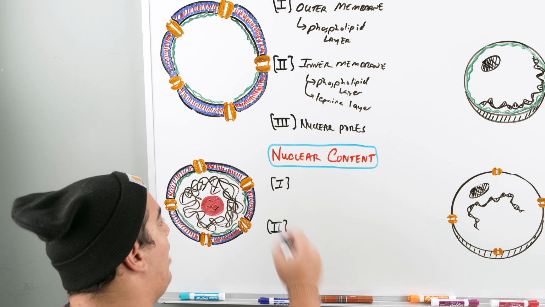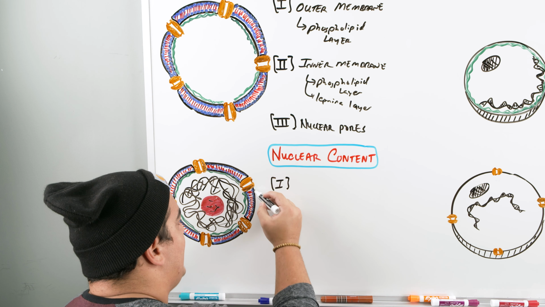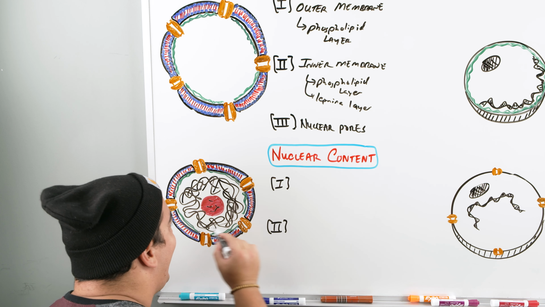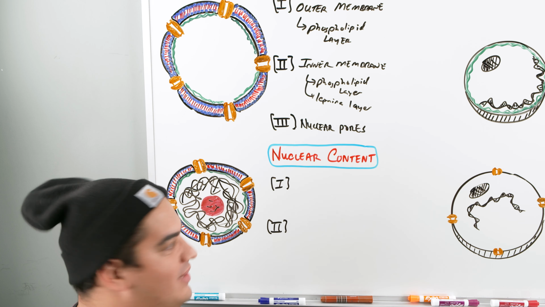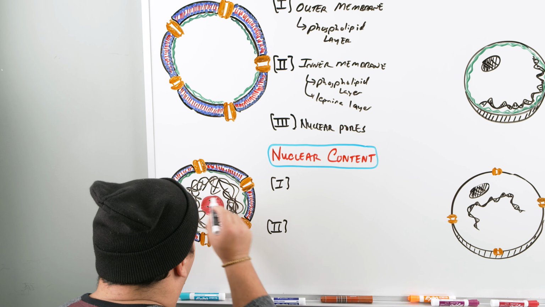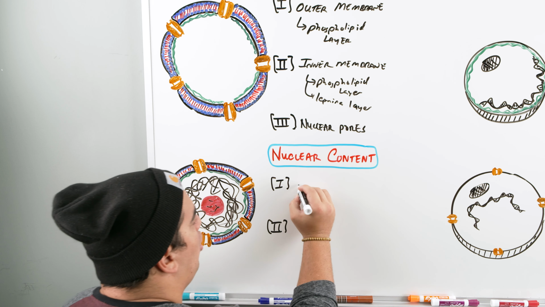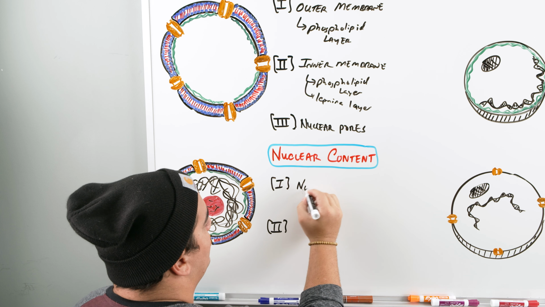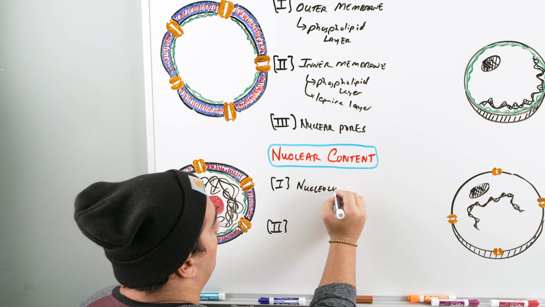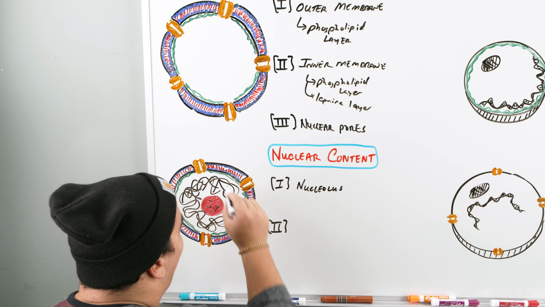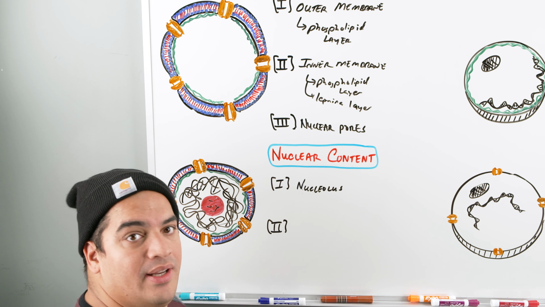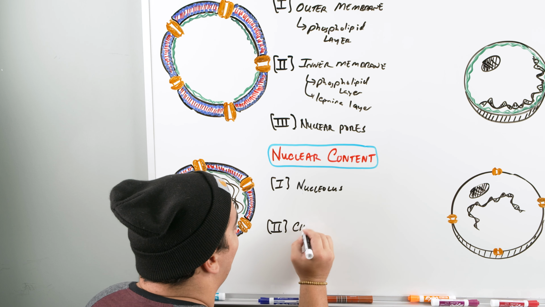Nuclear content. Now we have the nuclear envelope, which is the outer membrane, inner membrane, and nuclear pore. Inside is all the juiciness, right? This red structure here is called the nucleolus. And then surrounding it, all these squiggly lines around the edge, is called the chromatin.